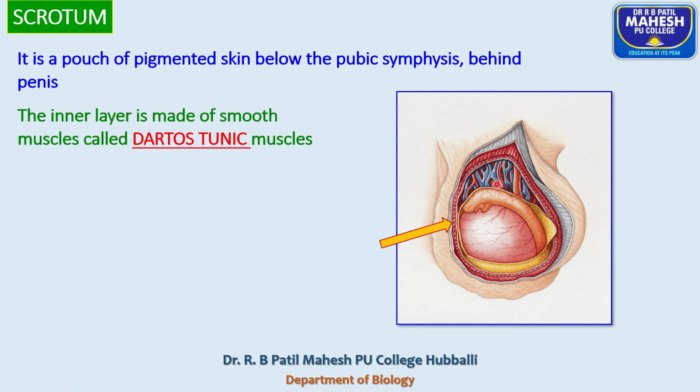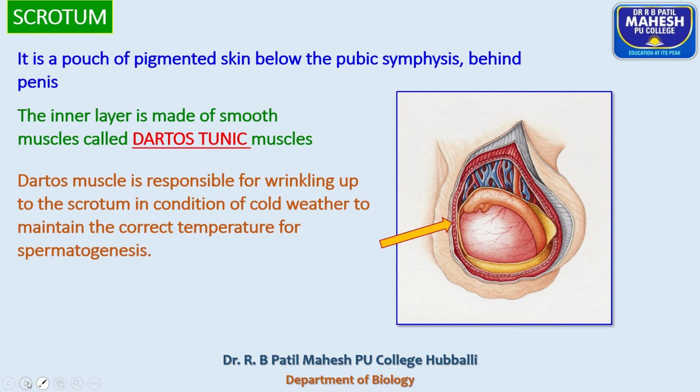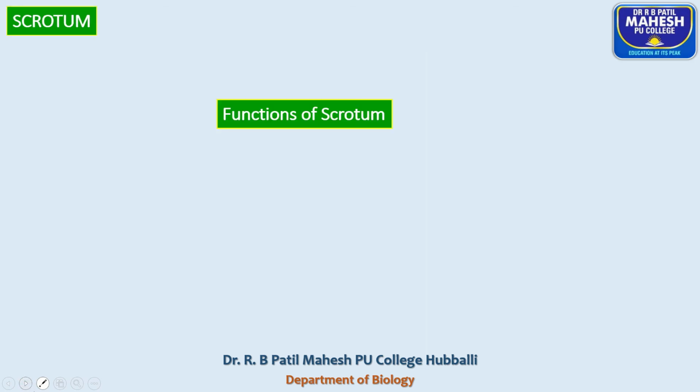The inner layer of the scrotum is made up of specialized smooth muscles called dartos muscles. Dartos muscles are responsible for wrinkling up of the scrotum in cold weather to maintain the correct temperature, which is absolutely required for spermatogenesis.